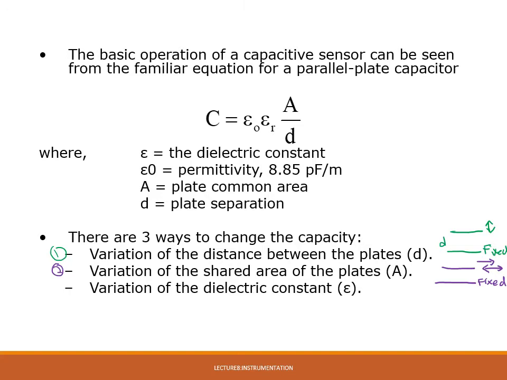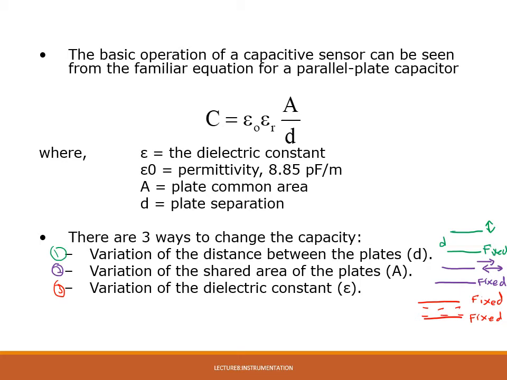And lastly, we have variation of dielectric constant. Meaning here we have two fixed plates, both fixed, but the material between these two plates is changing.